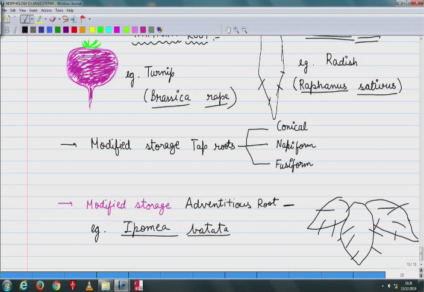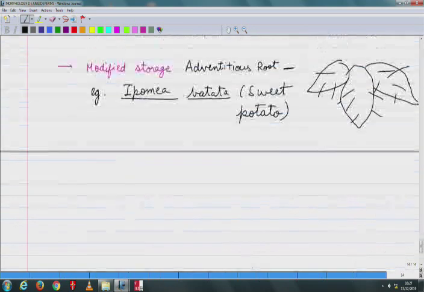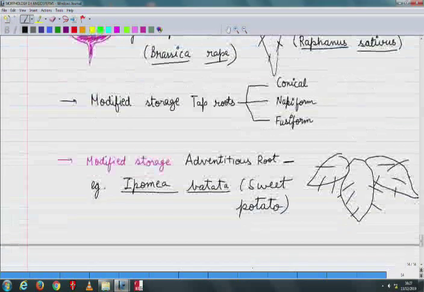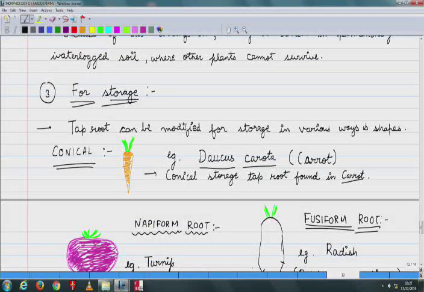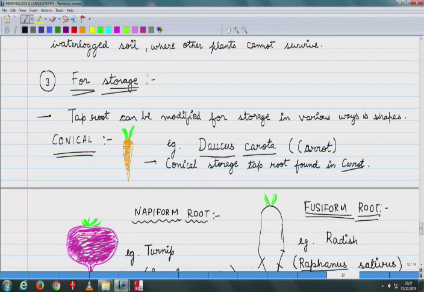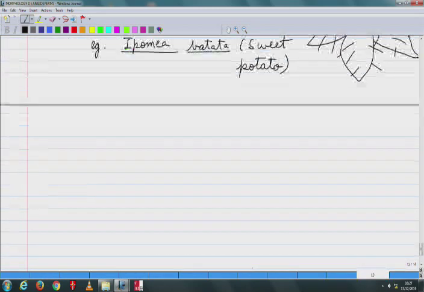In Hindi you call it shakarkand. Okay. So this is all about root that we had to learn. Let us now move on to the stem part.